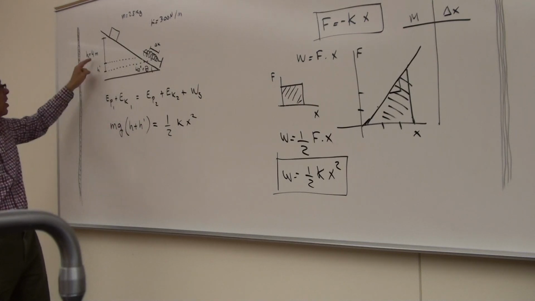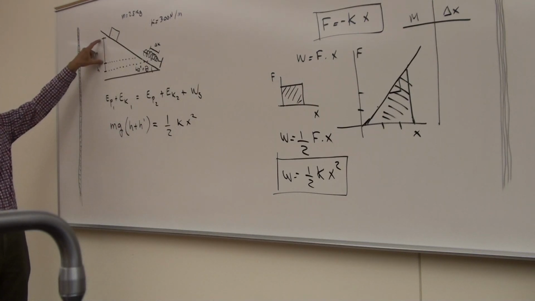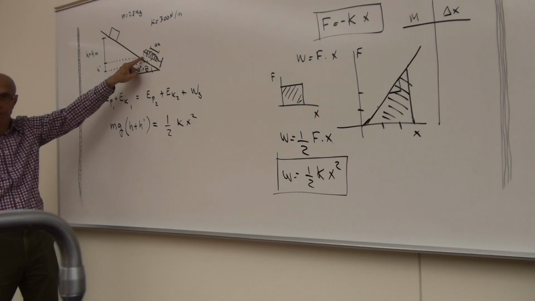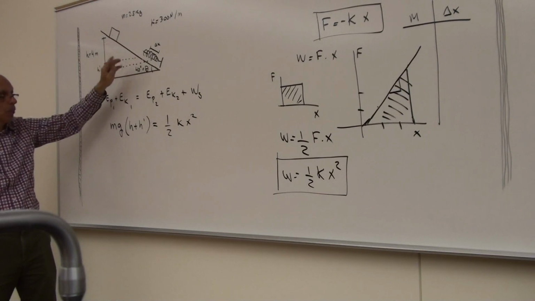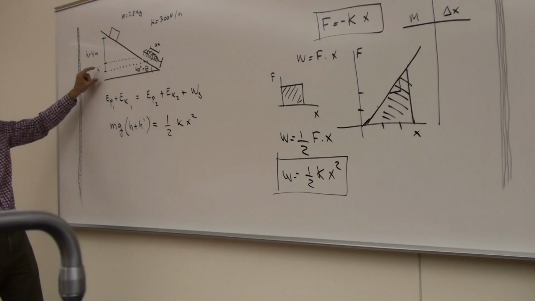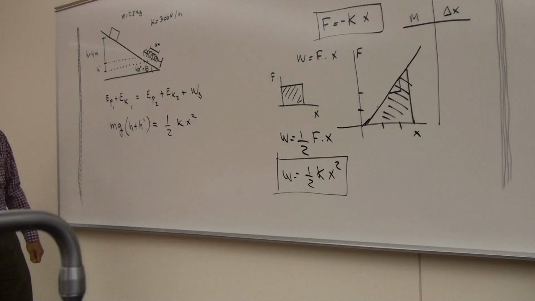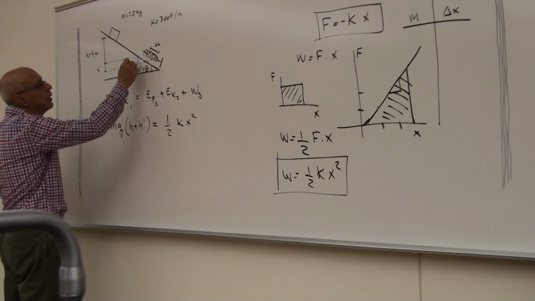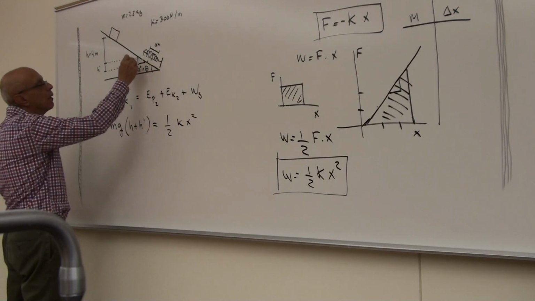I have h, that is 4 meters up to the point where the spring is not being compressed, right? And then I have this h prime that I don't know. Let's figure out what h prime is. Well, h prime is right here.